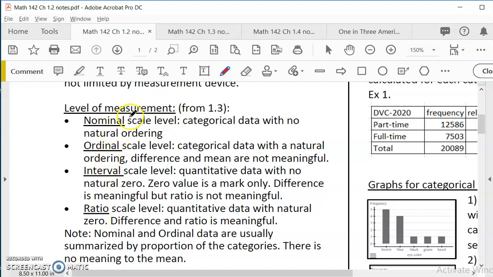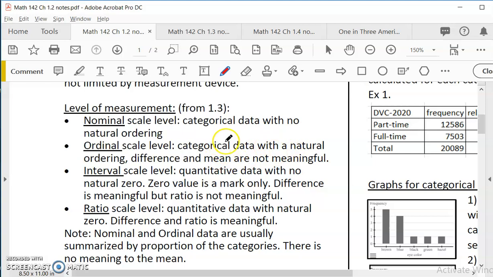So nominal level is where you're collecting categorical data and there is no natural ordering. Ordinal scale level are categorical data or labels with a natural ordering.